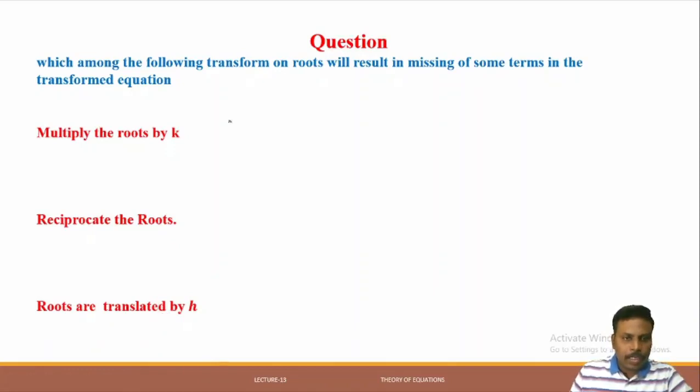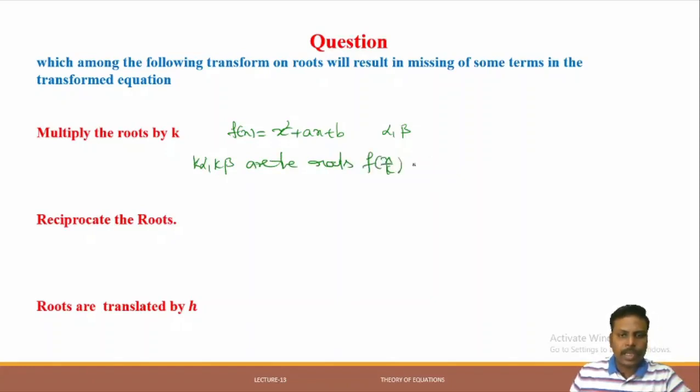Suppose I consider f(x) is equal to x square plus ax plus b. Now you have 3 terms in this function. Now let the roots get multiplied by k. So if the roots are alpha, beta, then k alpha, k beta are the roots of f(x by k).